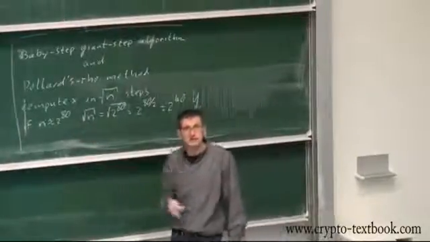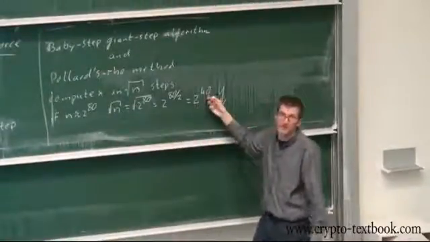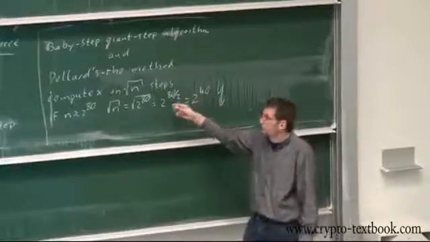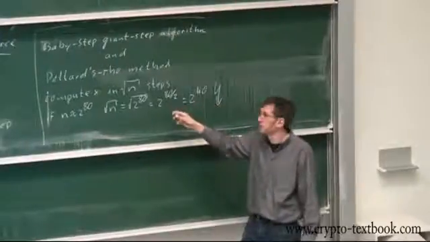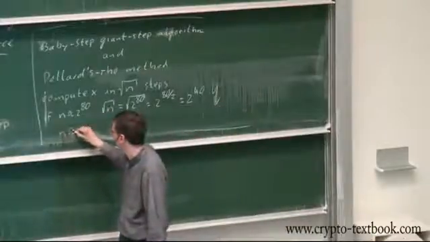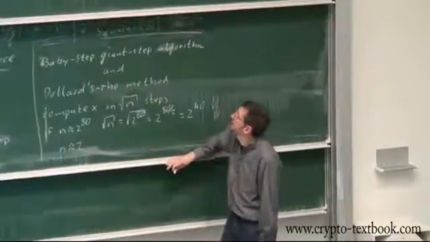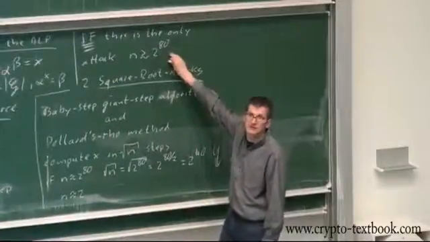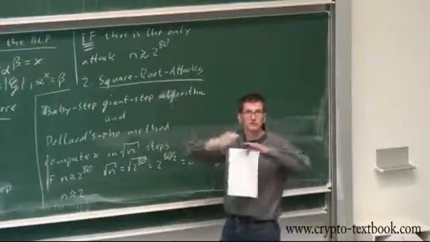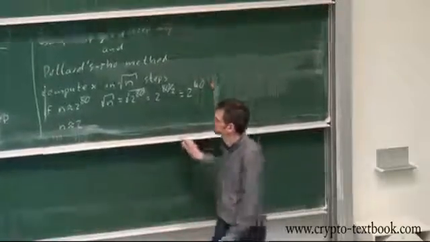So here we reduced 80 bits to a 40-bit complexity, so to speak. In order to have 80-bit security, what do we have to do? How long do we have to choose the group here? What do you think? Yeah? 160, exactly.